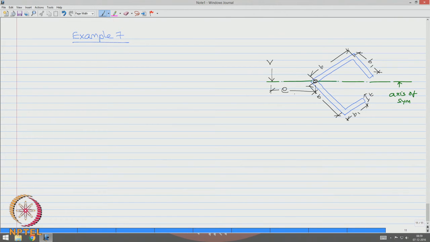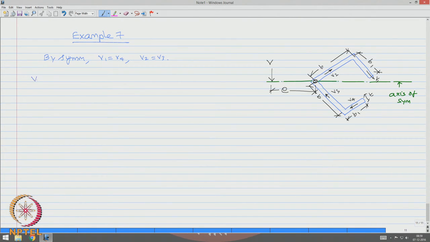So, the shear flow, this is going to be V1, this is going to be V2, V3 and V4. So, by symmetry we know V1 is equal to V4 and V2 is equal to V3.